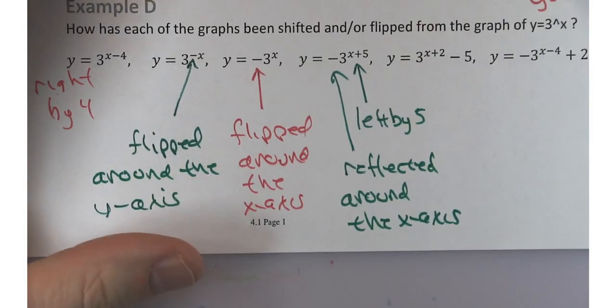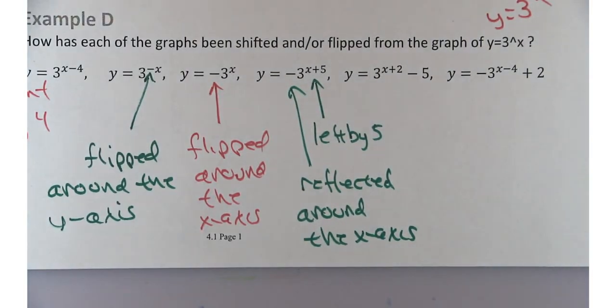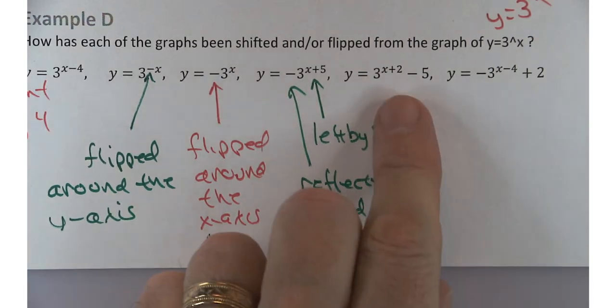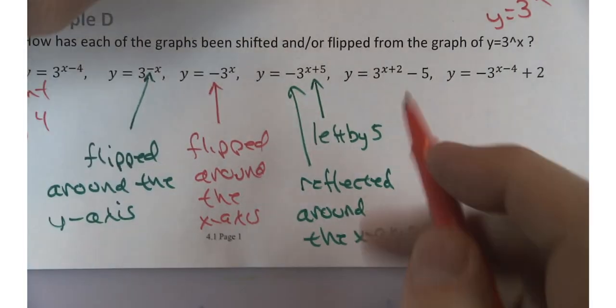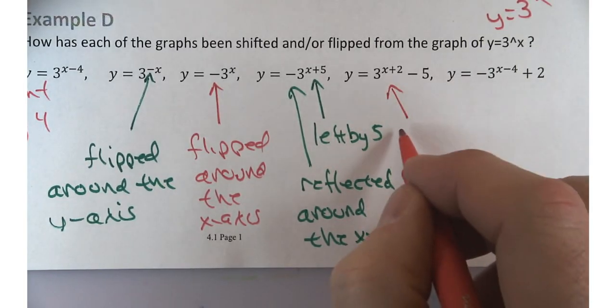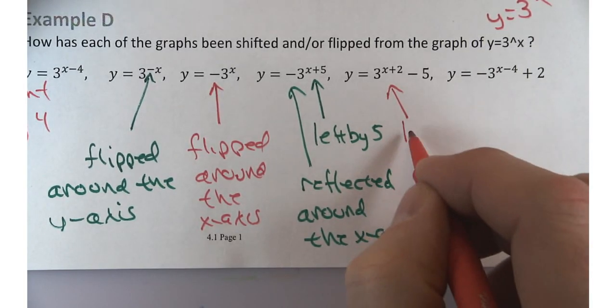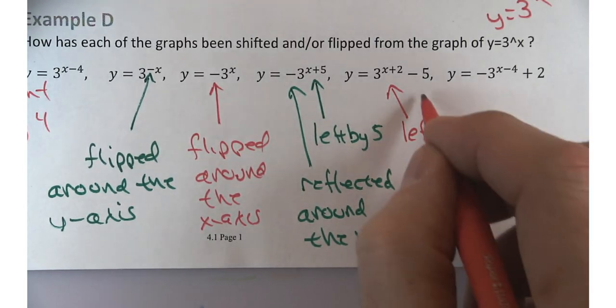Nice. And kind of a double shift on this next one. Reflected around, no, not reflected around, but shifted how? Elizabeth, how would this one be shifted? It would be down 5 and to the left 2. Yep, left 2, down 5.